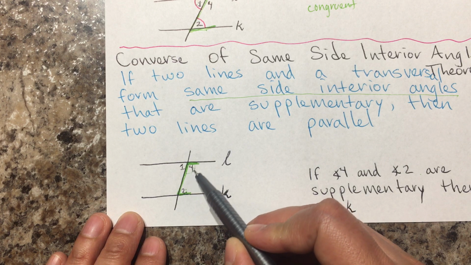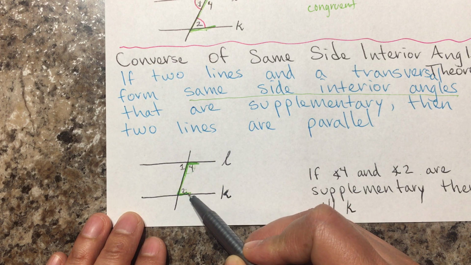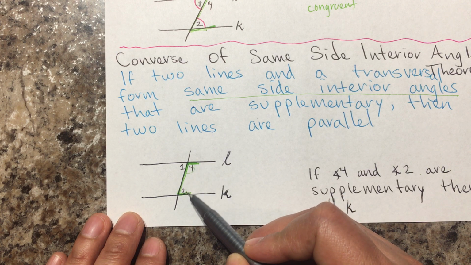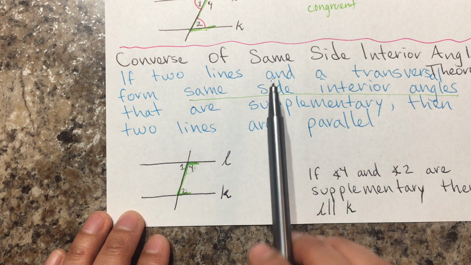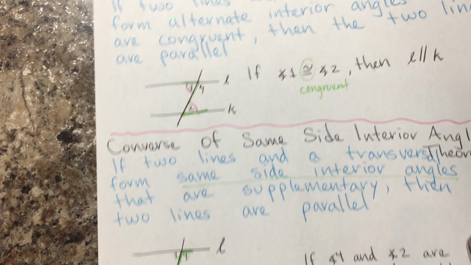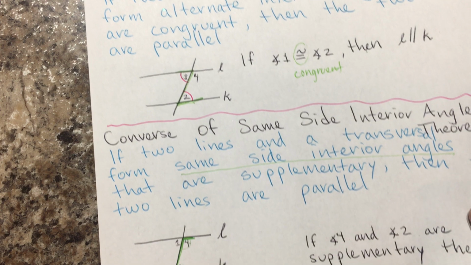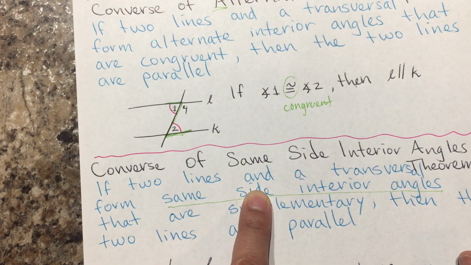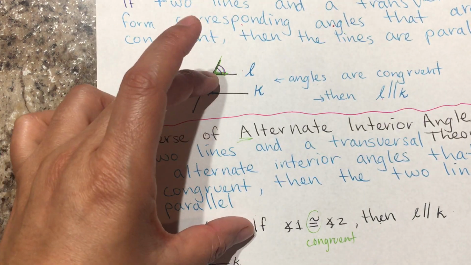So if this is 120, this will be 60. If this is 100, then this is going to be 80 degrees, okay? Of all three pairs of angles formed by parallel lines, this is the only one that is 180 degrees. The other ones have the same measurement.